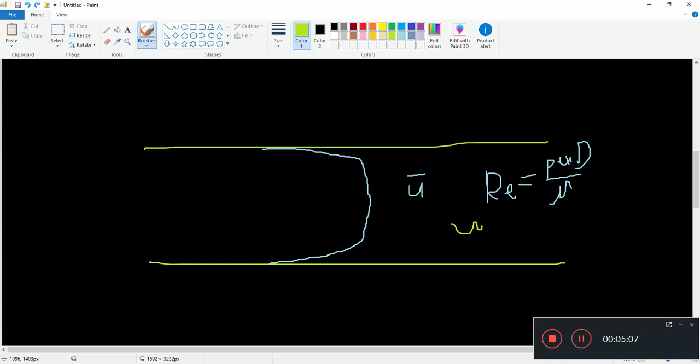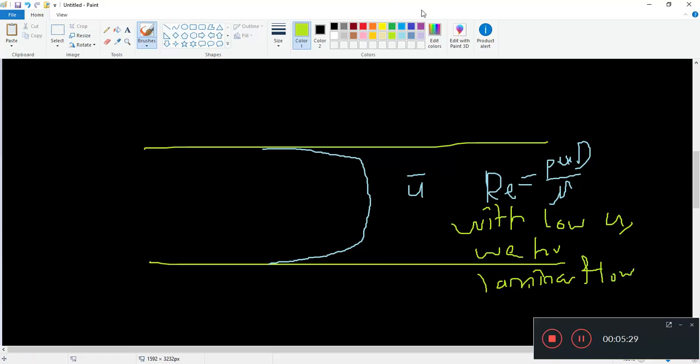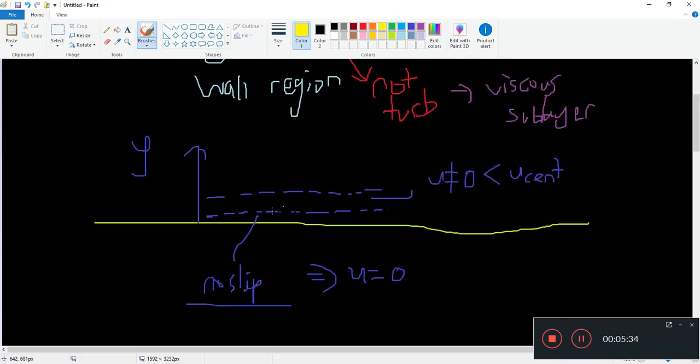So with low U, we have laminar flow. Where is this low U region? It is near the wall. So why do we have the low U? We have this no slip condition, and then we have increasing velocity as we get away from the wall.